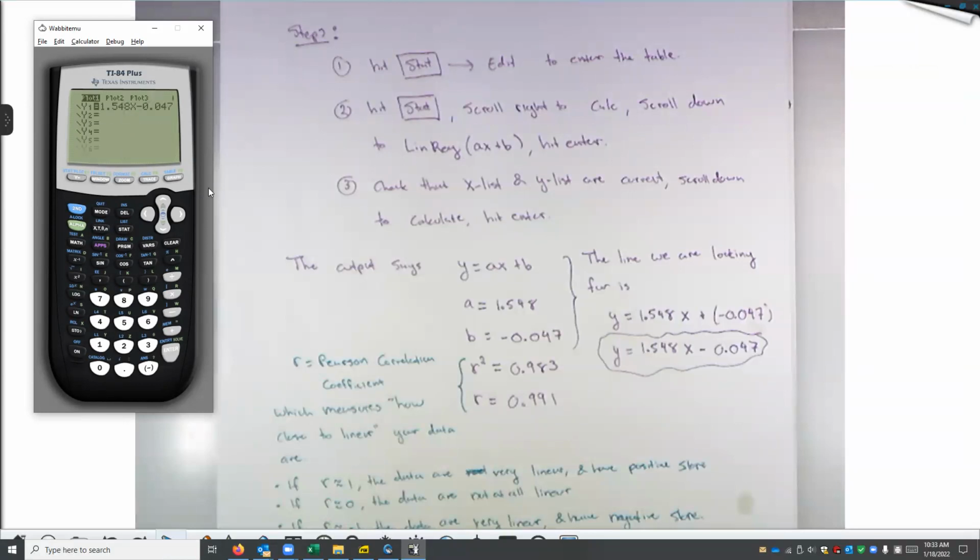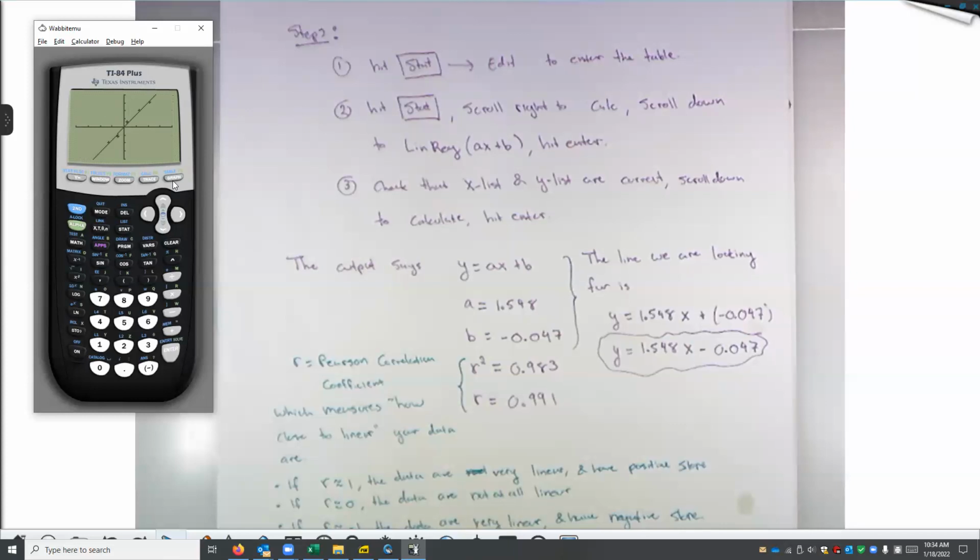So if we want to get rid of something, go ahead and hit Y equals and delete whatever you have in there, right? So if I plotted something like X squared, and if I have two different equations in here, you'll see the two graphs, right? I don't want the parabola, so I would just come back here and delete that second one by scrolling down to it and hitting clear. Perfect. Thanks. Happy to do it.